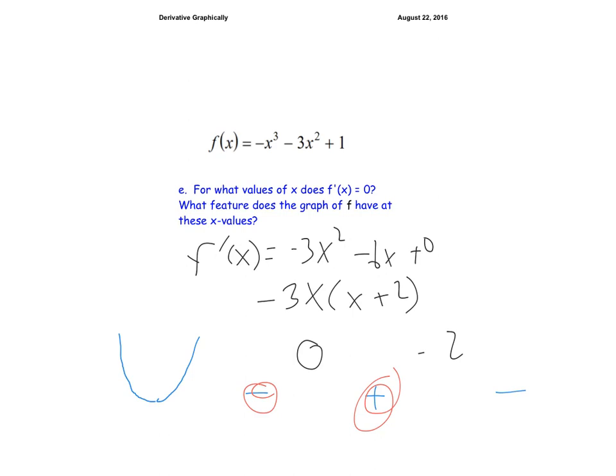So at 0, that would be a minimum. Now, when we are increasing in value, but then suddenly decrease in value because of the negative, then that would be a maximum. So at negative 2, that's a maximum.